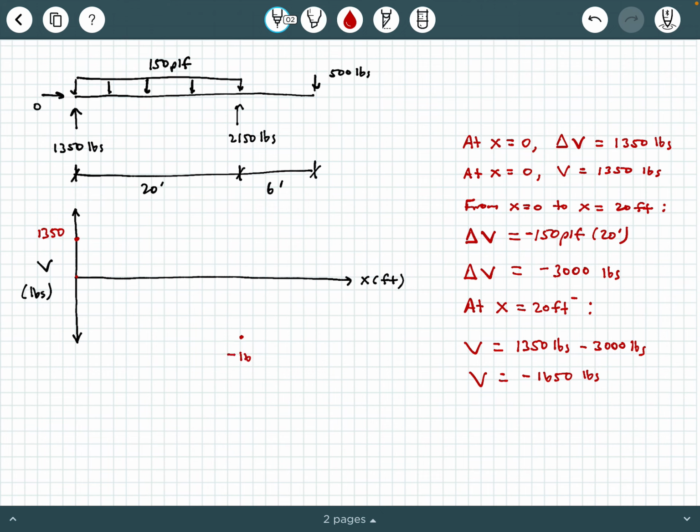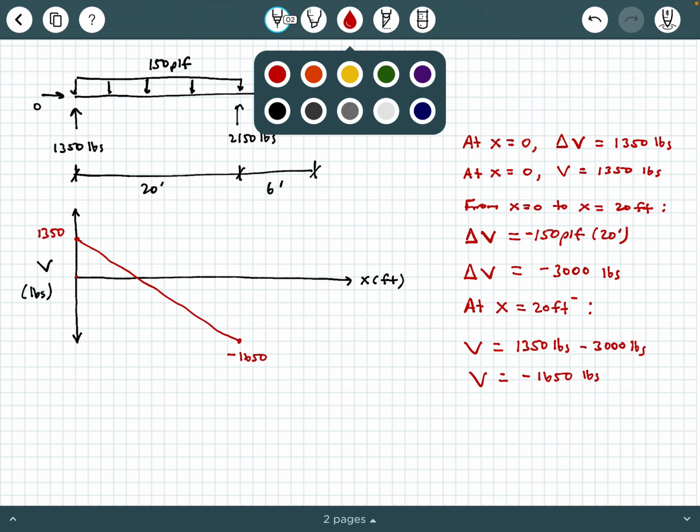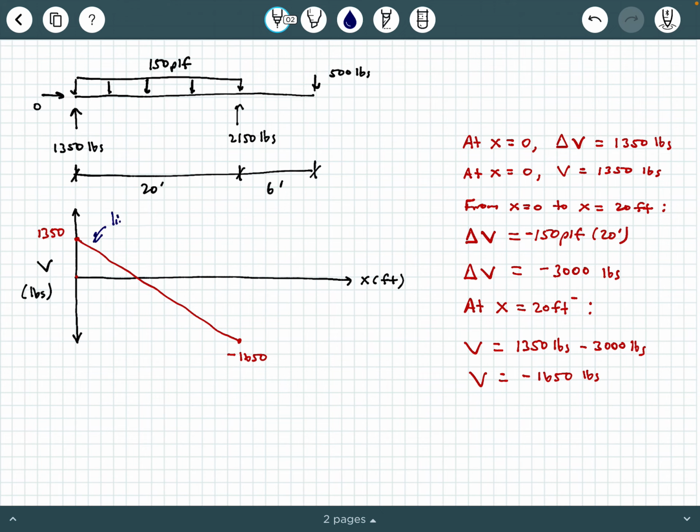So negative 1650. What we've done is, going from left to right, we've popped up by 1350. That was the AY reaction. And then this uniformly distributed load has pushed us down at a constant rate down to this value here. Let me draw that a little bit better for us, right there. Now, this is linear. Let me change colors here. This is linear, and guess what the slope is?